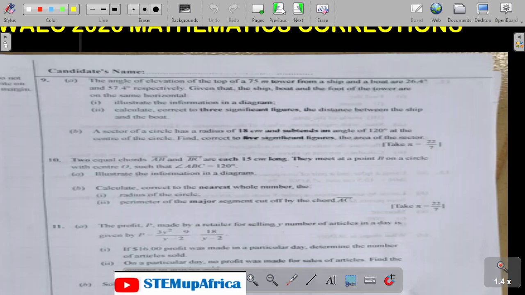So let's check 9B. It says a sector of a circle has a radius of 80 cm and subtends an angle of 120 degrees at the center of the circle. Find, correct to five significant figures, the area of the sector. It gave us pi as 22/7. No diagram is given, but it's important you draw the diagram.